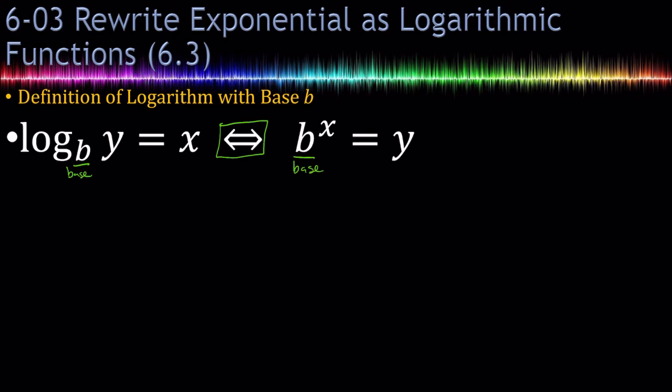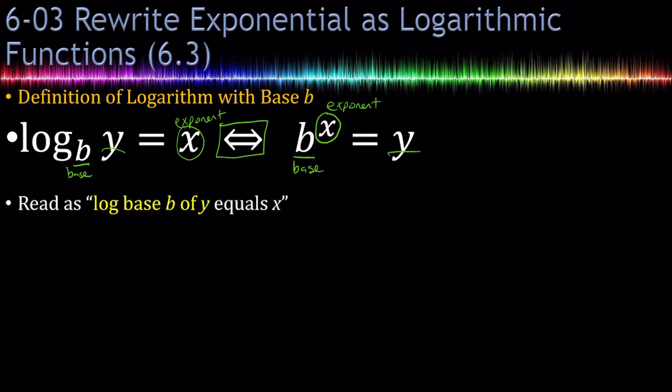And you can see x is the exponent. Remember, logarithms equal the exponents. And then we just have y as our other number. It's read as log base b of y equals x. Remember, logarithms equal exponents.